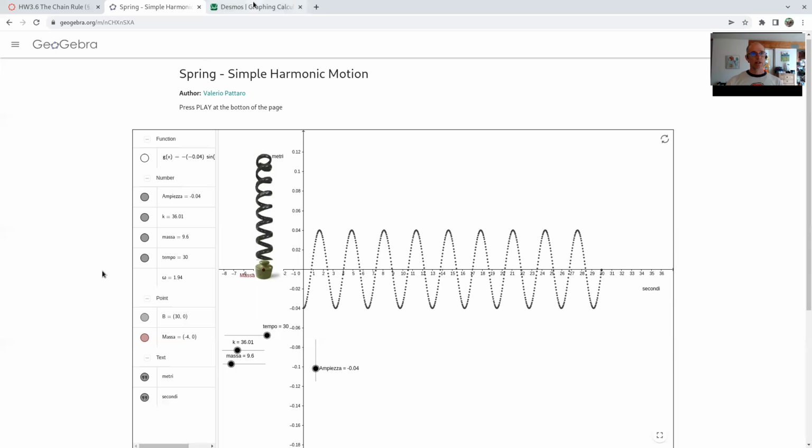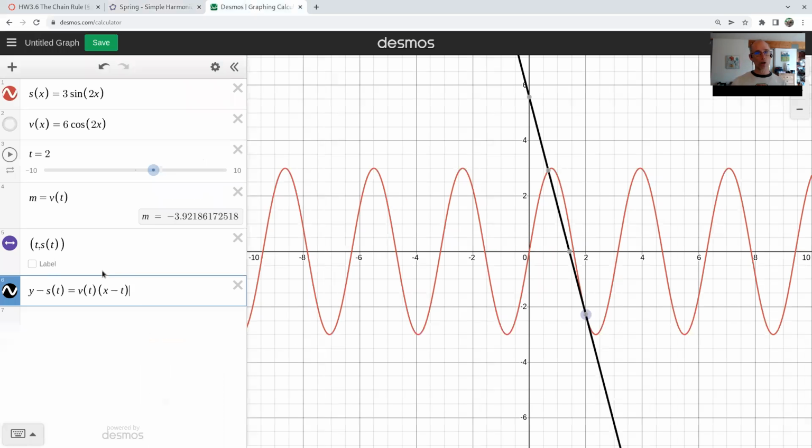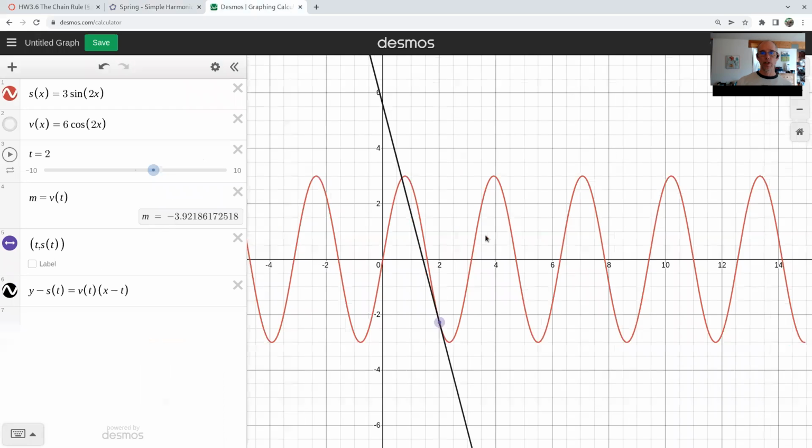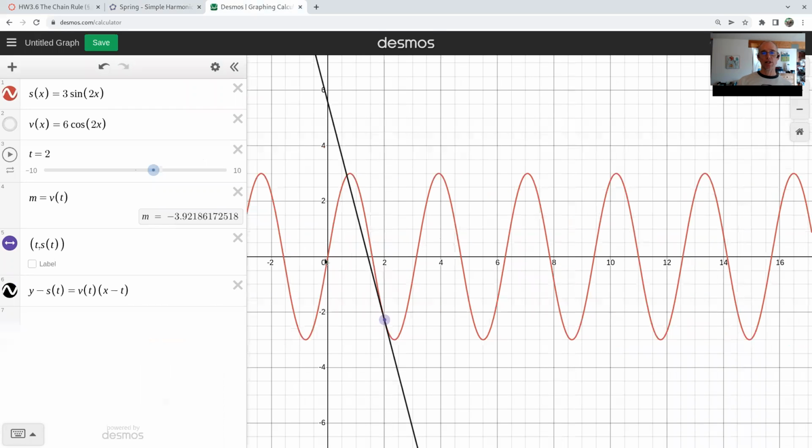Let's take a look at this Desmos version of our function. Starting at time equals 0 here, the mass oscillates. In this case, maybe we let it go right here, and then we start counting right here, and the mass goes up and the mass comes down. Now, at this particular point, 2 seconds into this situation, I found the derivative here.